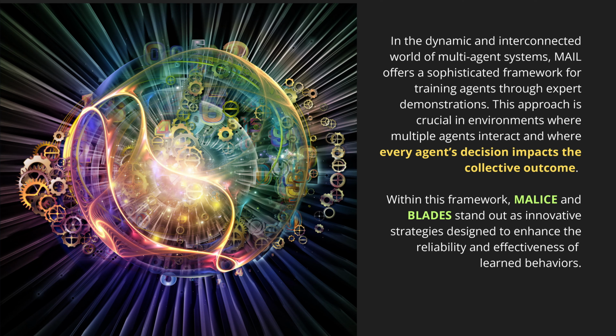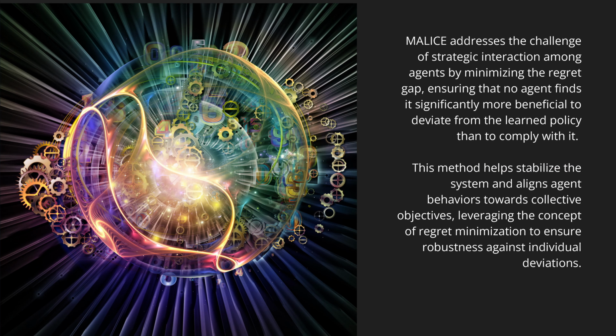This approach is crucial in dynamic environments where multiple agents interact and where every agent's decision impacts the collective outcome. We introduced two new algorithms, showed you the research publication, MALICE and BLADE, as defined by Carnegie Mellon University, which stand out as innovative strategies designed to enhance the reliability and effectiveness of our learned behavior.